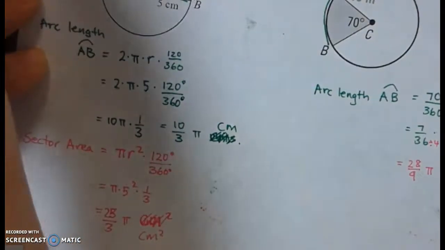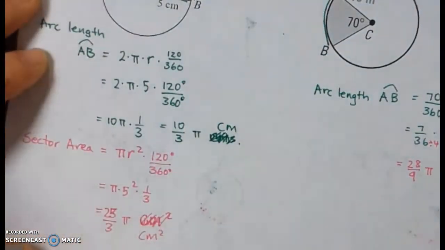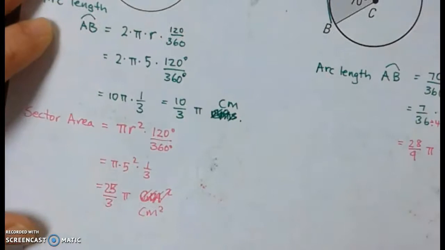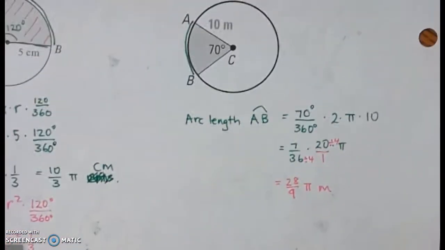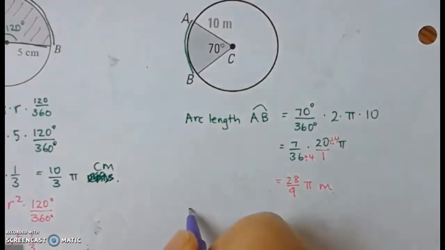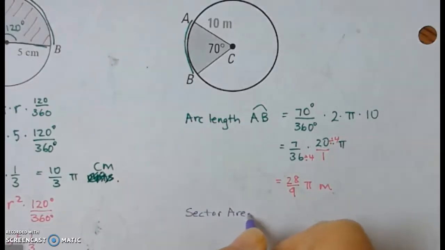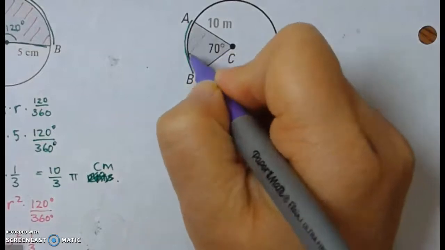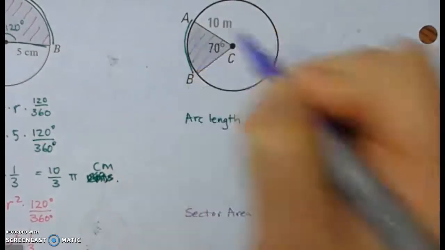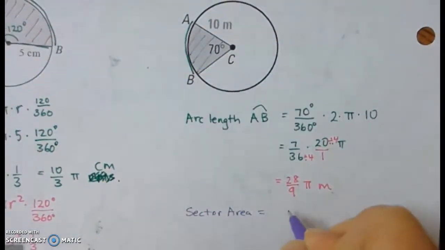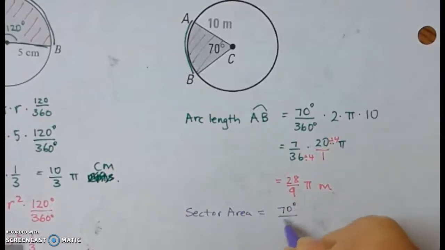Okay, so then let's do the sector area. Sector area is this area, this space, and that's going to be 70 degrees out of a possible 360.